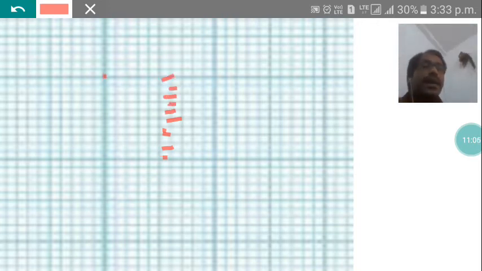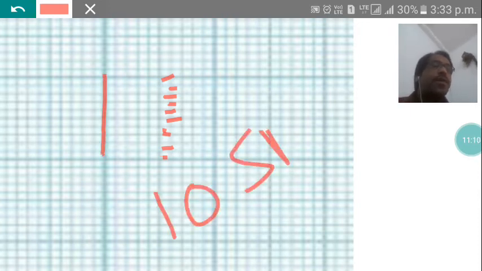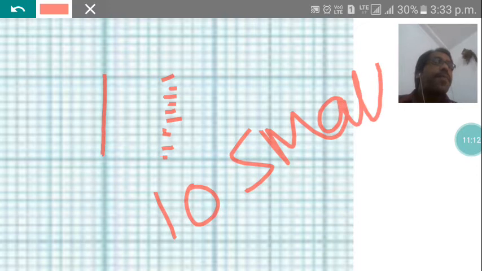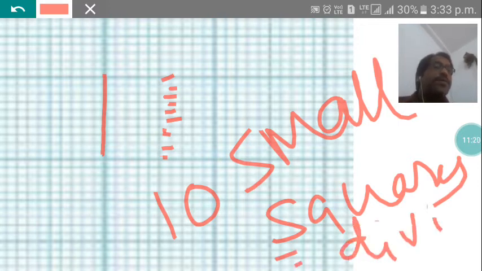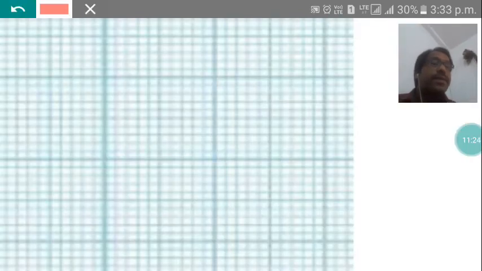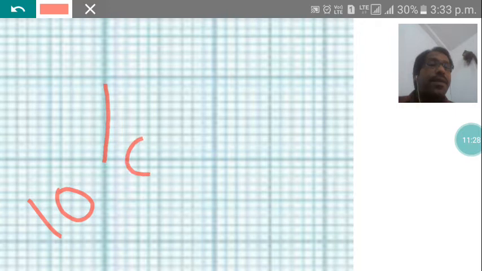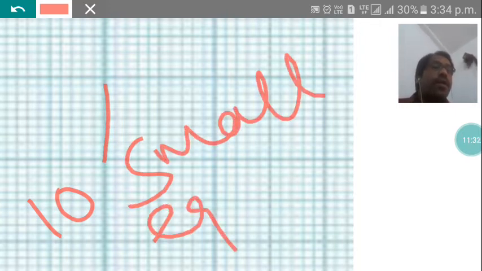From here to here, the total is 10 small squares, or you may say 10 small equal divisions.